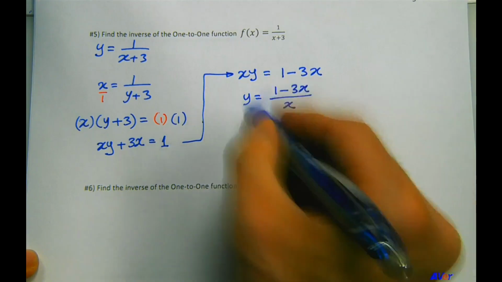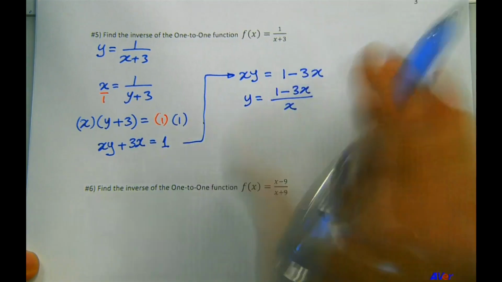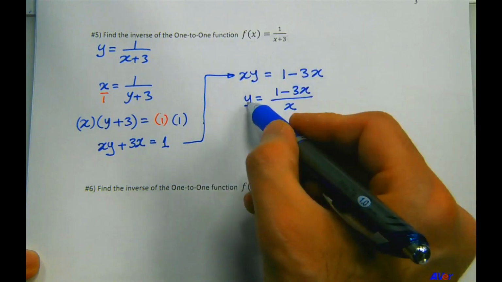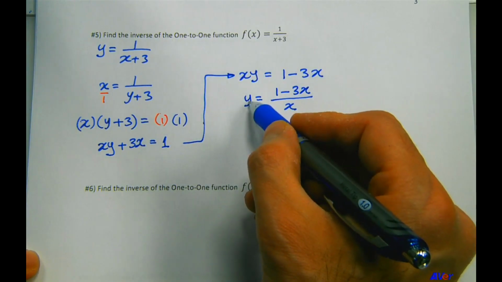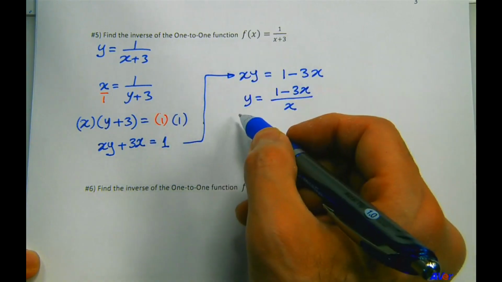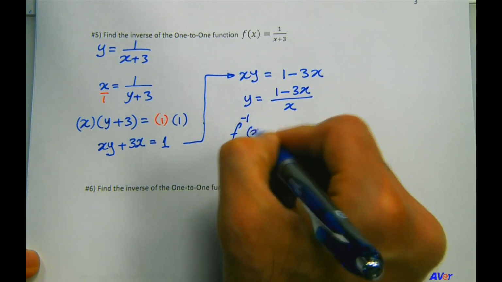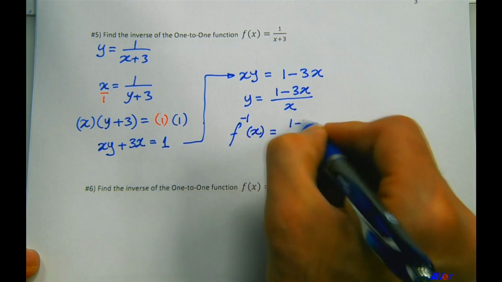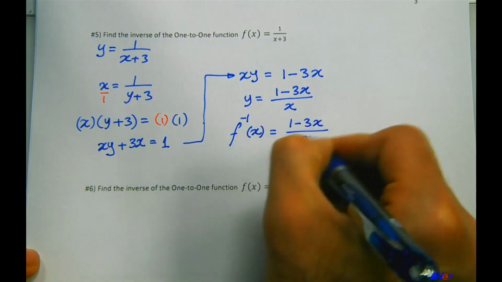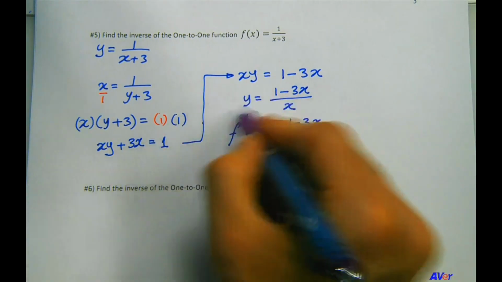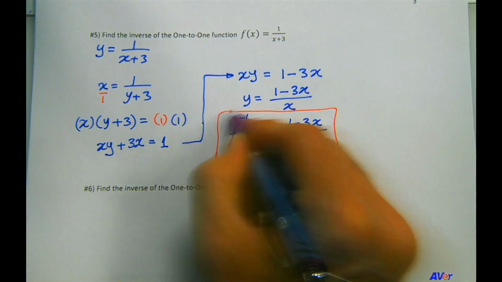So the last step: we started with function f of x, so let's replace this y with the proper inverse function notation. So f inverse of x is equal to 1 minus 3x over x. And there's our inverse function.